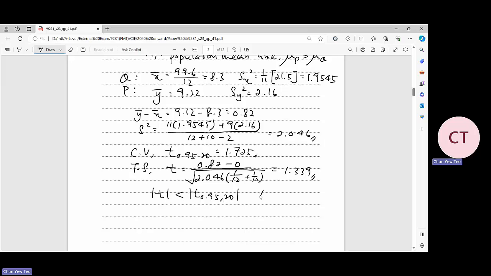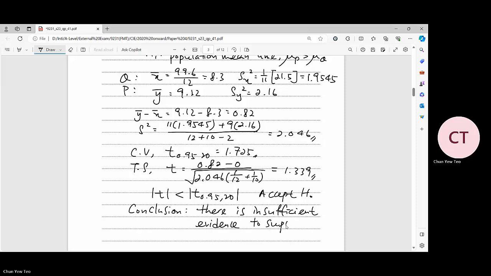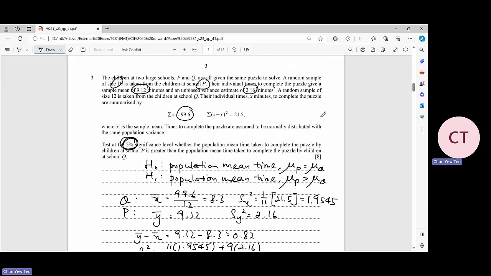If it's less than the critical value, that means you accept H0. Now the conclusion: there is insufficient evidence to support that mu P is greater than mu Q. Done. This will be the answer for question number 2.